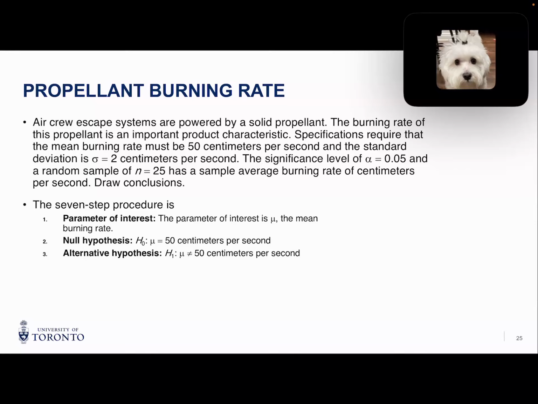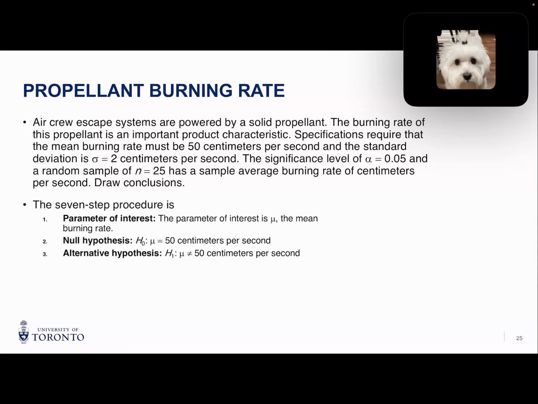And we took a random sample of 25 samples, 25 measurements. Our parameter of interest is burn rate, mu. Our null hypothesis is what we want it to be.